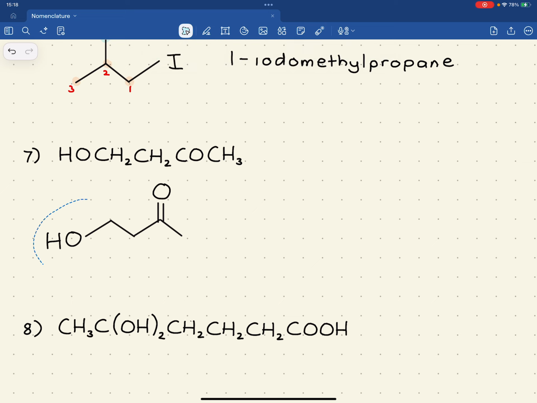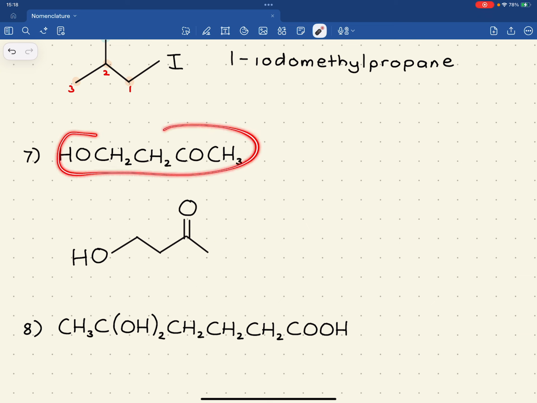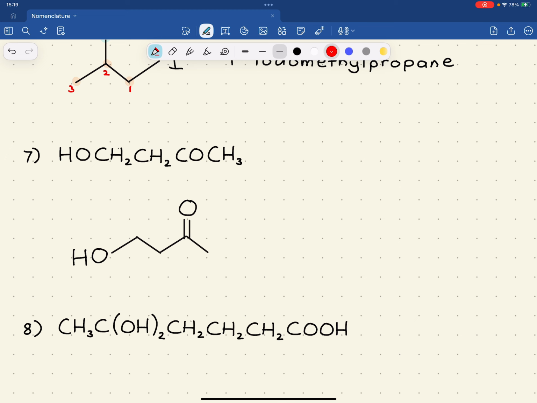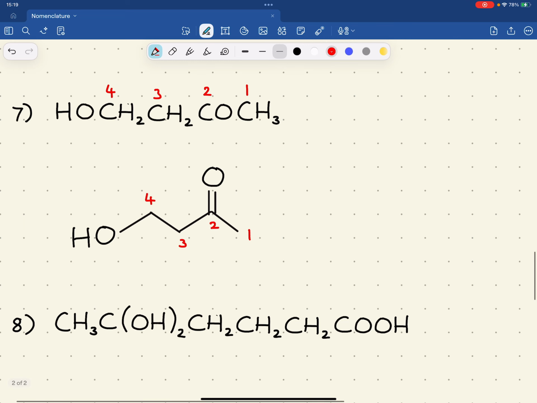So again, it's a good idea that we can draw these structural formulas here and show how they can be represented skeletally as well. So again, let's number it. And again, which way do I number it? I'm going to number it, I'm going to tell you why in a sec. I'm going to number it from right to the left. 1, 2, 3, 4. So again, look for my longest chain, which is 1, 2, 3, 4.